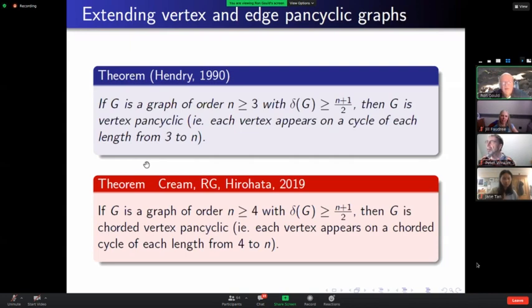Well, again, with Megan and Kazu, we were able to show that you take those same conditions with n at least 4, then G is chorded vertex pancyclic. That is, each vertex appears on a chorded cycle of each length from 4 to n. So again, back to the meta conjecture, here's a condition that gives us pancyclic, and we take it to chorded vertex pancyclic.